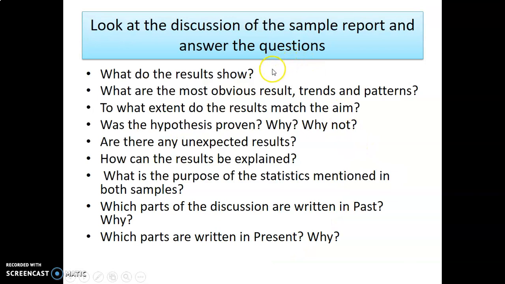Now look at the sample report again and the discussion part. Pause the video and answer these questions. You can highlight, underline information in the discussion, and you can pause the video right now and then we'll discuss some of them.